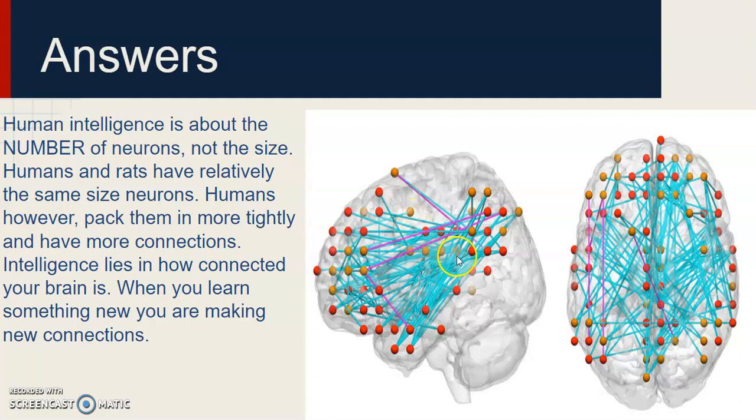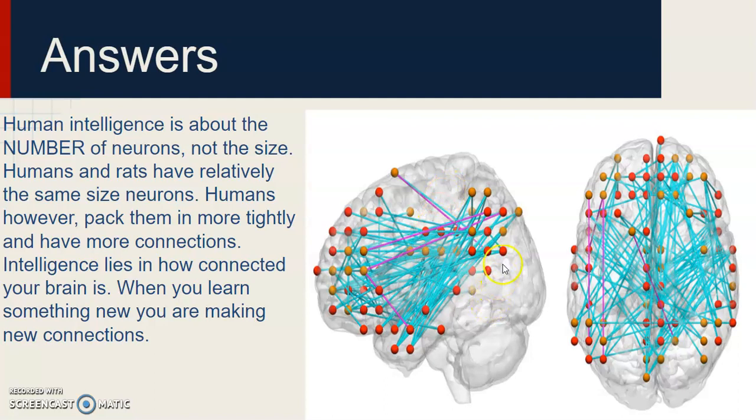For me, human intelligence is about the number of neurons, not the size. We have relatively the same size of neurons with rats and other animals, but we pack those neurons in super tight, super concentrated, all right? Rats can actually have larger neurons in some cases, but larger neurons does not mean more neurons. It just means the size is different.